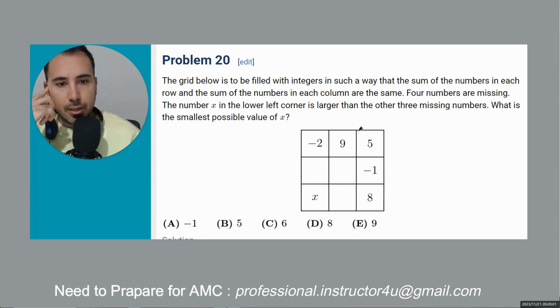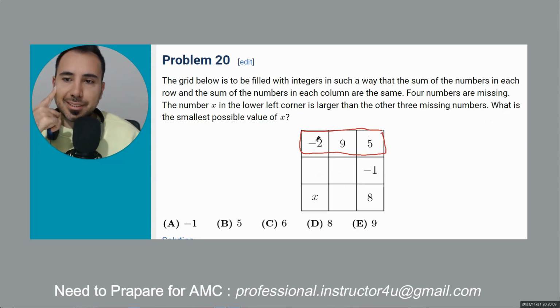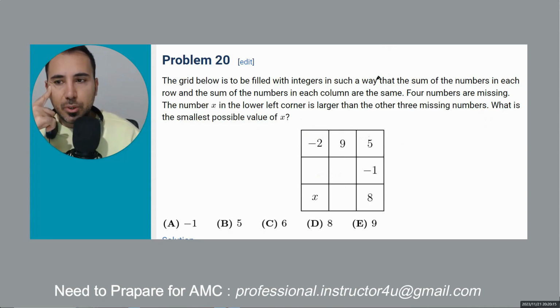Okay, so they have already given this up. If you add these two, 9 plus 5 is 14, plus negative 2 is going to be 12. You check with the other one, it's also 12. So what should we do here? Write the equations? No. Just because here it says the smallest possible value, this is the smallest possible value.